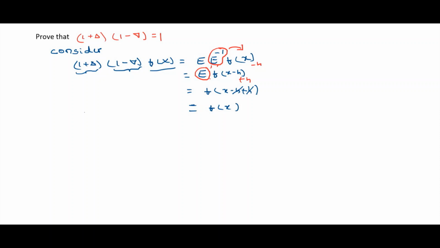The left hand side term is 1 plus delta into 1 minus del into f of x that we have considered. So both the sides, this f of x and f of x get cancelled. So we are left with 1 plus delta into 1 minus del is equal to, here we are left with 1.